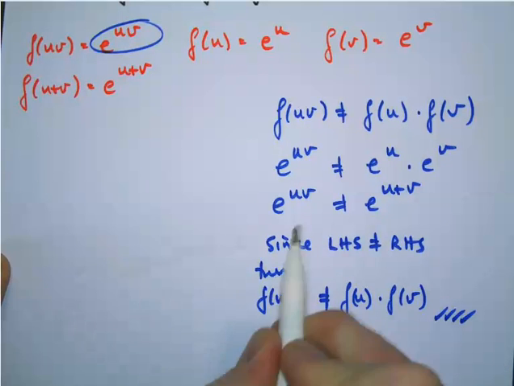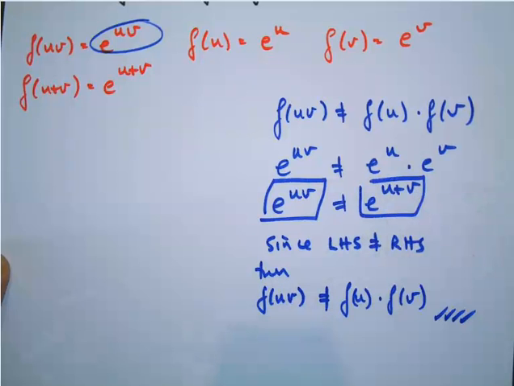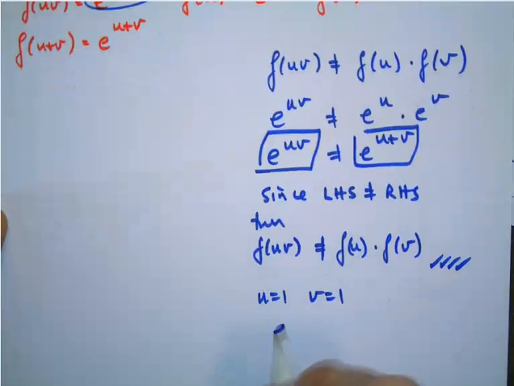The form of the left-hand side is not the same as the right-hand side. So if I subbed in values of u and v, for example, if u equaled 1 and v equaled 1, my left-hand side would be e to the 1. That does not equal e to the 1 plus 1. I could think of values of u and v where it did equal.